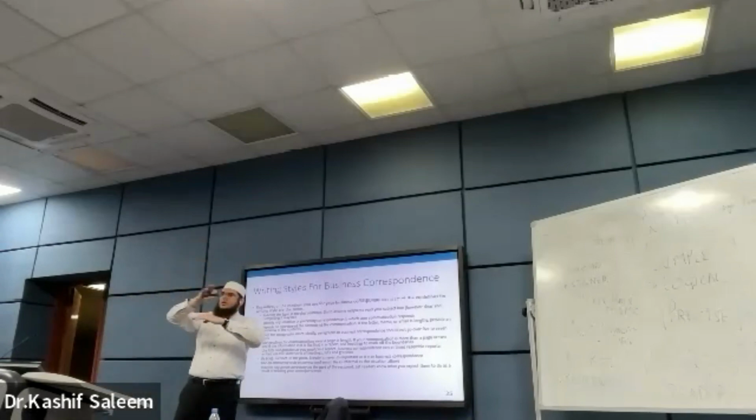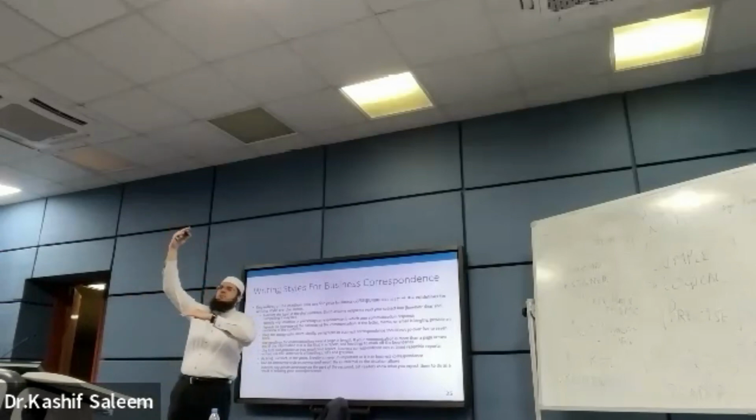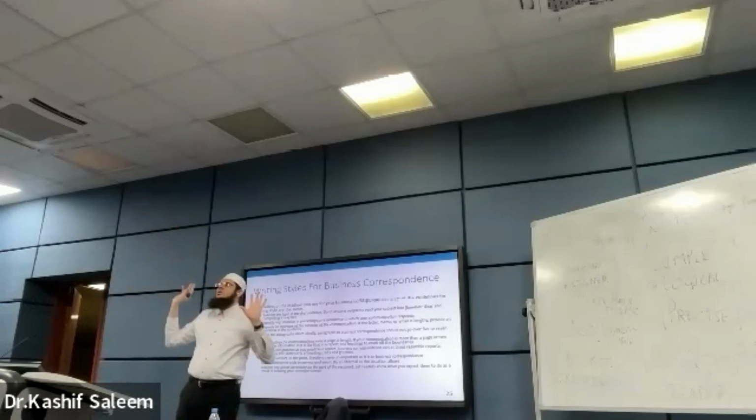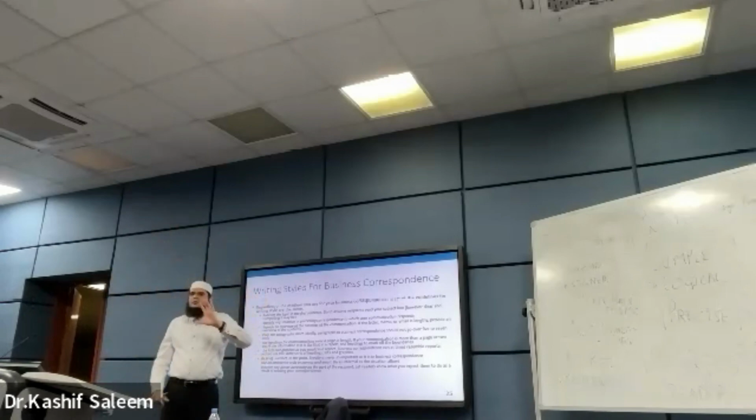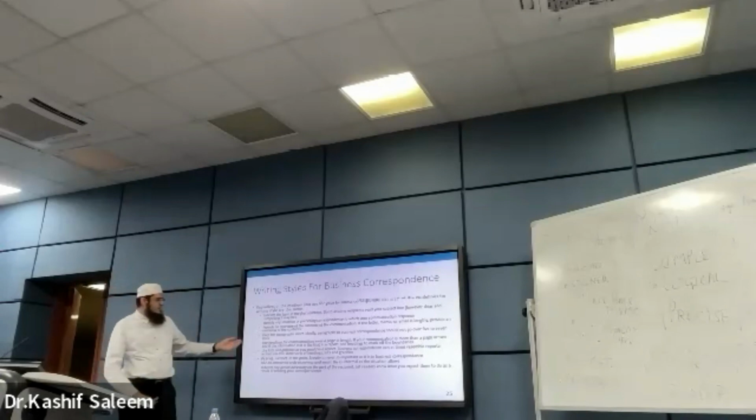Don't leave any detail. If the third level is based on the second level and you leave out the second level, there is no third level. So don't leave anything which should be the base of the next sentence or explanation.